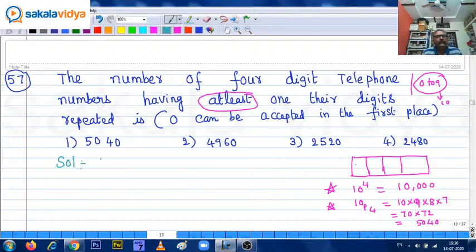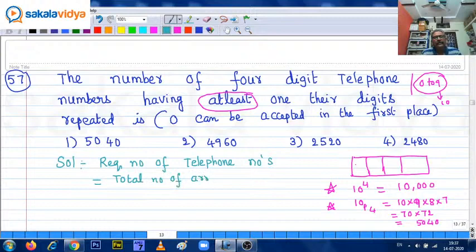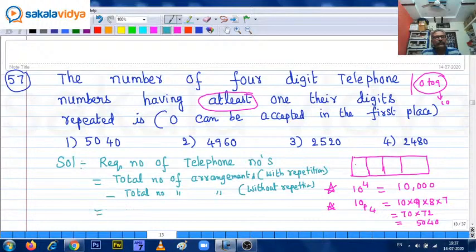Therefore, the required number of telephone numbers is equal to total number of arrangements with repetition minus total number of arrangements without repetition, that is 10 to the power of 4 minus 10P4, which is 10,000 minus 5040.